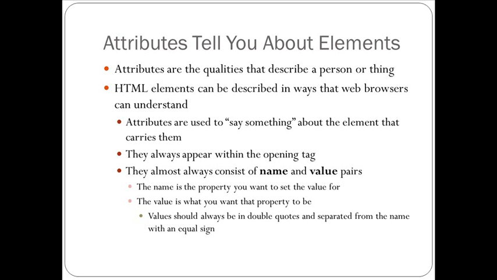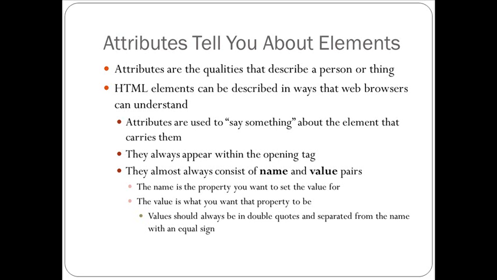HTML elements can also be described in ways that web browsers can understand. And attributes are used to say something about the element that carries them. In other words, the tag that has that particular element. It says something about that. It could be what it looks like.